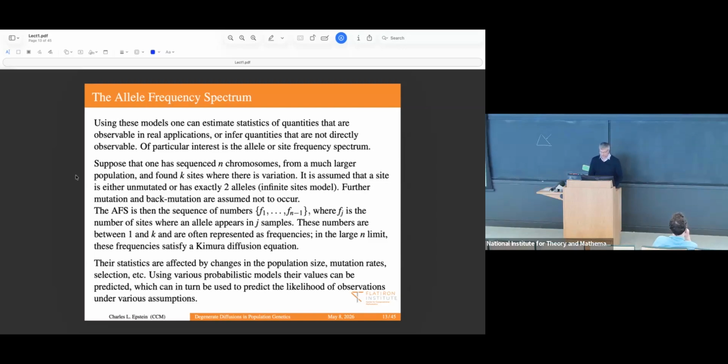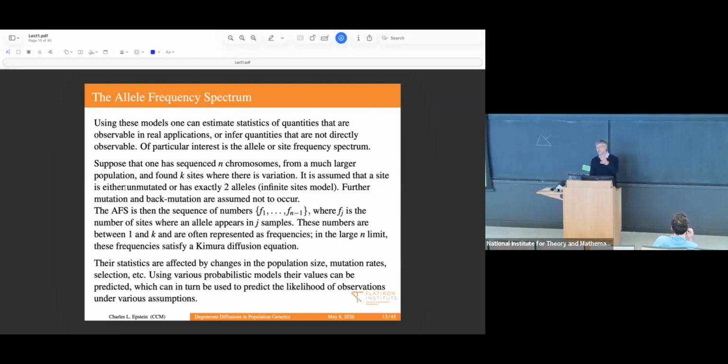So what you imagine is this. You suppose you've sequenced N chromosomes from a much larger population. And within those N chromosomes, what you've found are K sites where there's some variation, where there's more than one type. Now, we make a very simple assumption. We assume that a site can either be unmutated, so there's no variation, or there's just two types at that site.